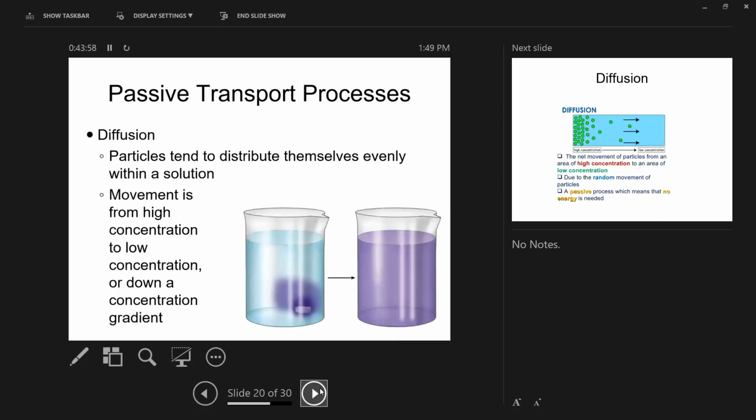Example here of passive transport. And passive transport isn't just in a liquid. It can happen in the air. It can happen in the gel. I told you about the example of the cologne in the air. That's passive transport through the air.